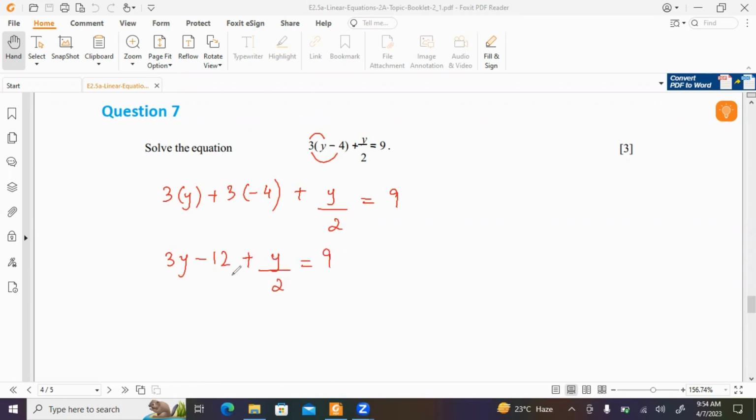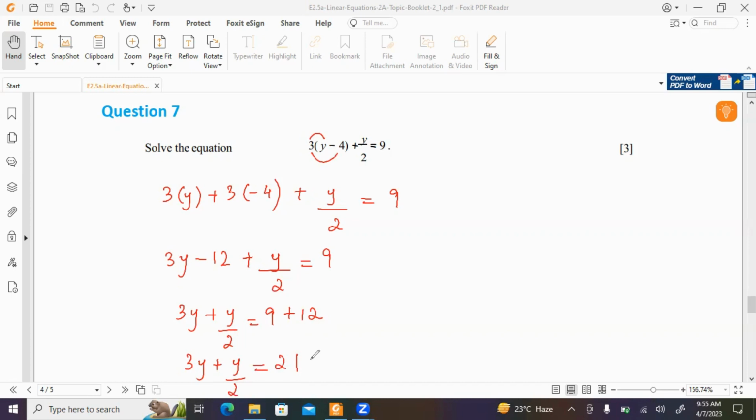Now I'm going to take the negative 12 to the other side and combine the like terms. So negative 12 becomes positive 12 over here. So 3y plus y over 2 equals 21. Next, we have a fraction on the left-hand side.